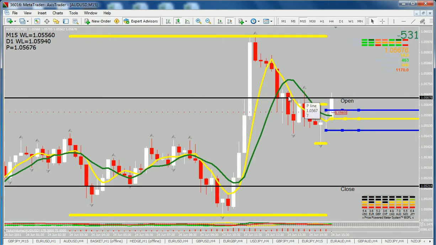For it to be a double top, we need to go past that point to break the trend. Notice we have the 5 moving average, we've crossed the trend, and the 9. When the yellow crosses the 9, we are in a new trend.